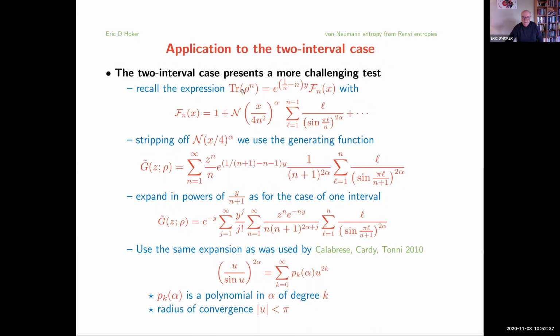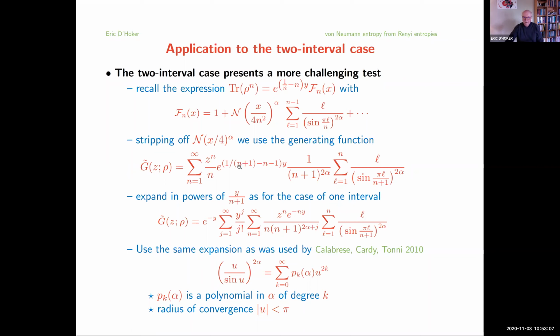I will now take the somewhat simplified generating function where I strip off the factors that don't really matter: the n and the x to the alpha and the 4 to the alpha. So we're left with this expression, where this exponential is again the prefactor, and then here is the insertion of this sum.